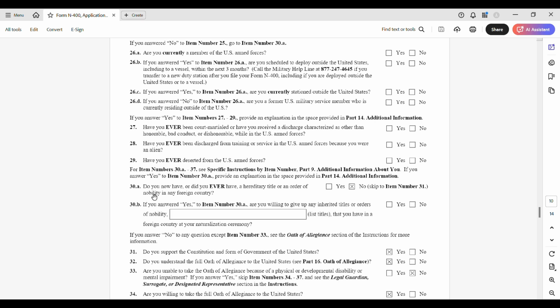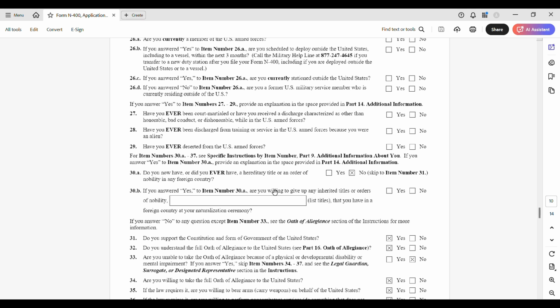Do you now have, or did you ever have, a hereditary title or an order of nobility in any foreign country? So for this applicant, it's no. And nobility would mean some esteemed title.